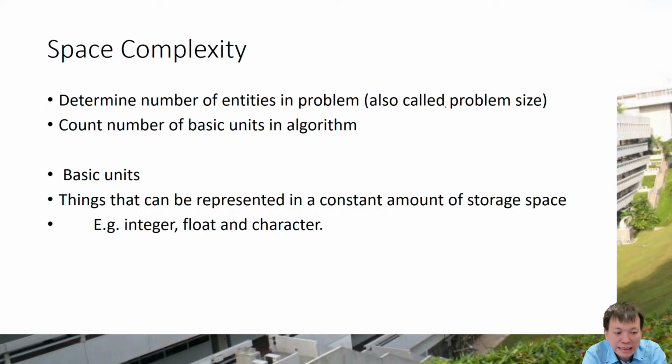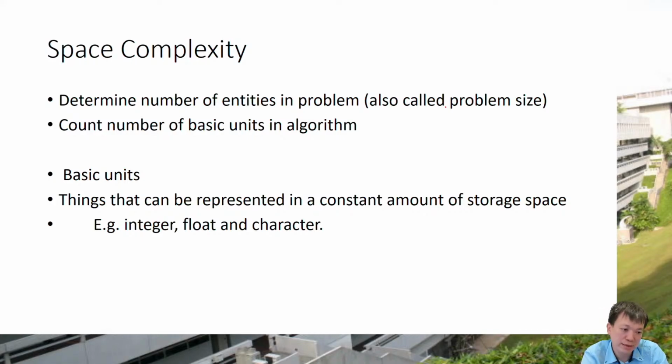Space complexity is similar. Instead of counting the number of primitive operations, you count the memory usage. You look at how many data structures you declare, how many arrays you create in the algorithm, and so on, to determine the space complexity.